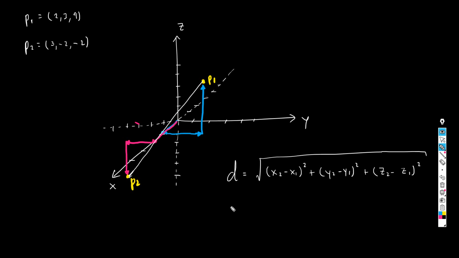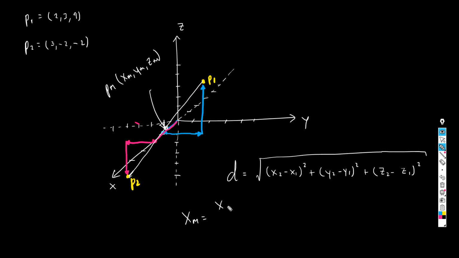There you have it. And also the formulas for the middle point. If we assume that the middle point is over here, and it has coordinates xm, ym, and zm, then these three coordinates are given as before by the following.